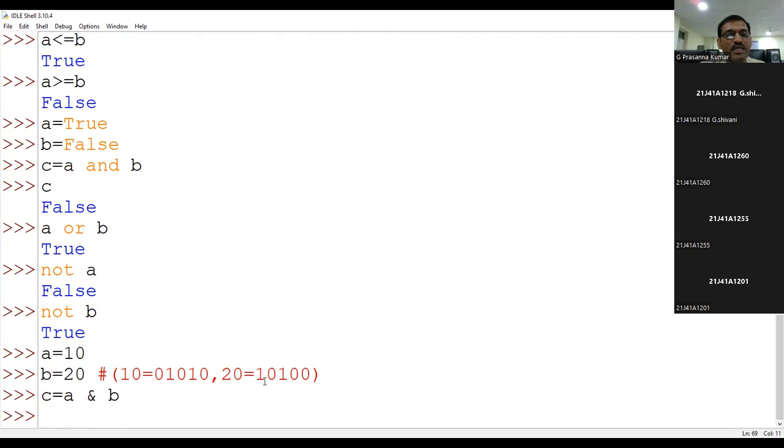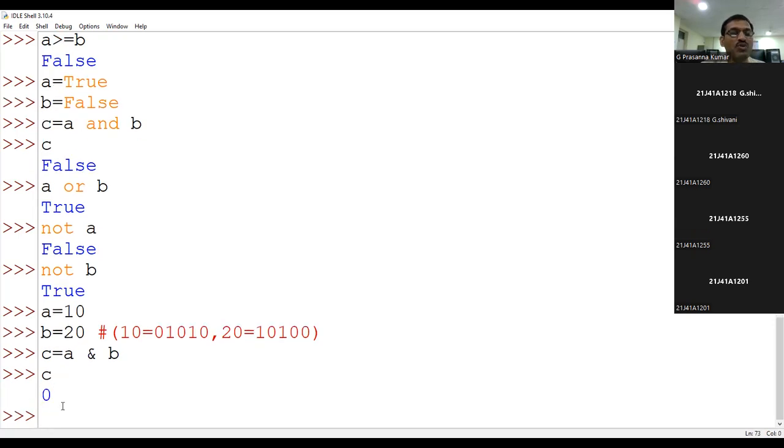In this case, MSB bit is 1. Here, second is 1. Here is 0. Third bit is 0. Here 1. 1, 0, 0, 0. Output of this is 0. No bit matches with this one. The output of this is 0. So if you enter C, output is 0.